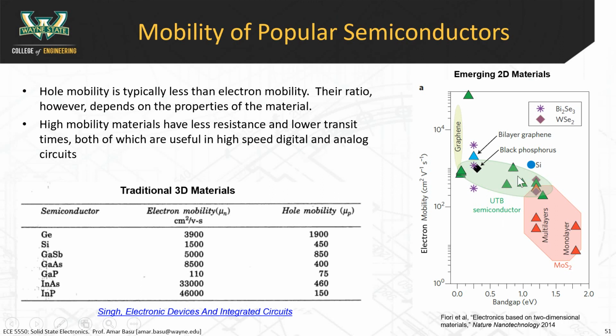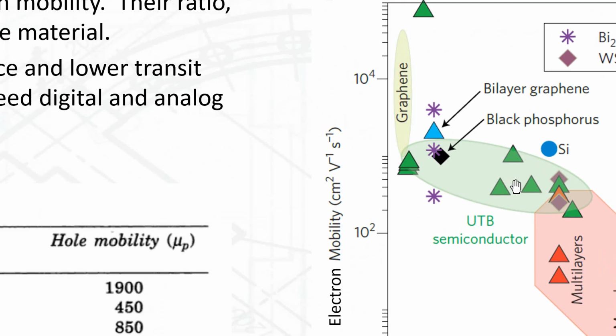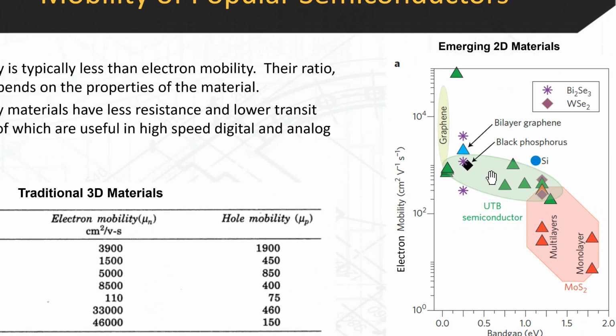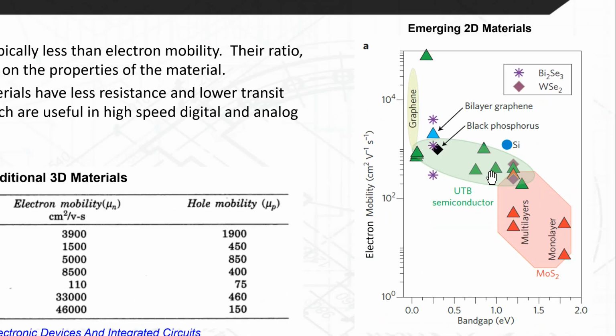This is from Module 0, where we talked about some emerging trends in semiconductors. This plot shows you electron mobility on the y-axis and band gap on the x-axis, the two most important properties for an electronic material. Now that we've covered some of this material, this chart should hopefully make a little more sense if you're an engineer trying to decide what material to use for your specific application.